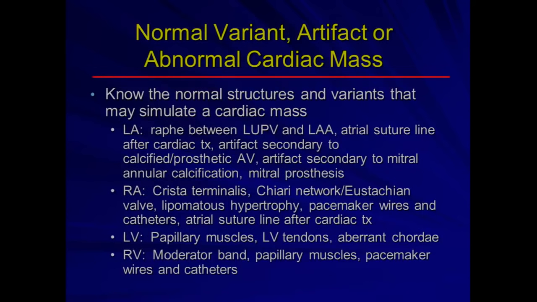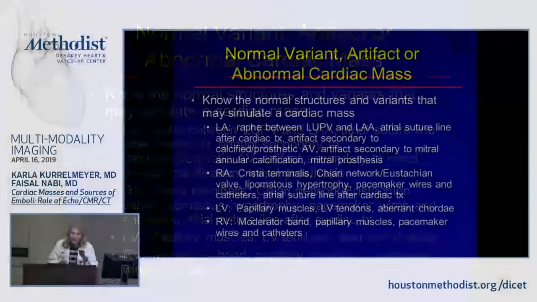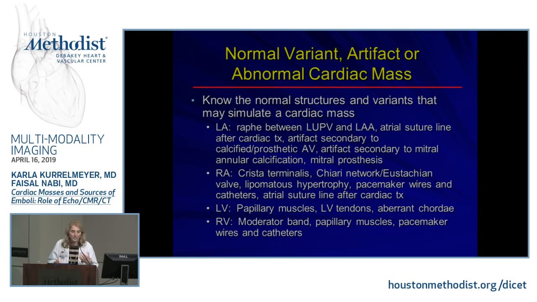Now, in echo, you really have to know the normal structures that can cause artifacts, so that you don't call them masses, so the patient doesn't end up with an MRI. Those things include the raphe between the left upper pulmonary vein and the left atrial appendage and the left atrium, the atrial suture line after a cardiac transplant in the left and right atrium, artifacts secondary to calcified or prosthetic valves, both aortic and mitral, and secondary to mitral annular calcification.